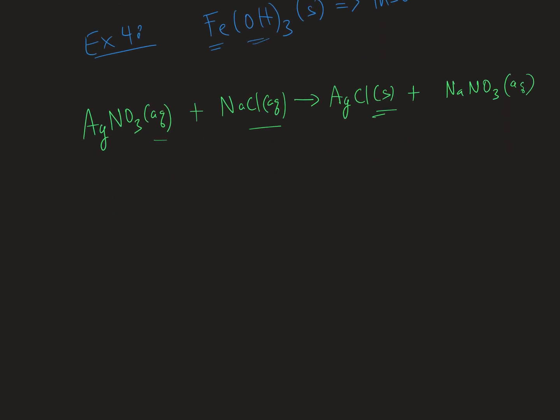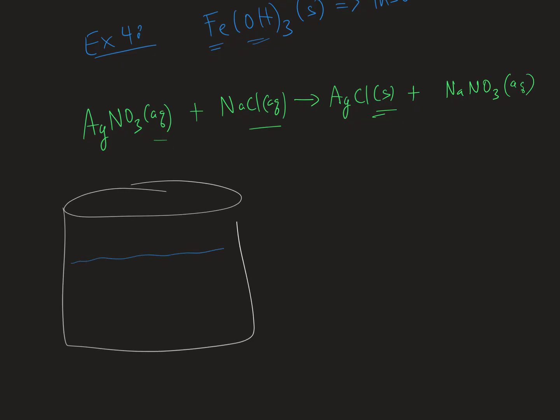Now let's talk about what is happening here. Okay, we saw the demonstration, but we can't see what's going on microscopically. So here we go. We have a container of water, and we throw silver nitrate in it. Does it dissolve? How do we know it does?